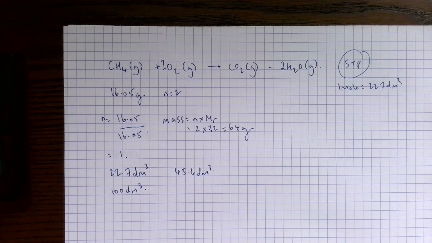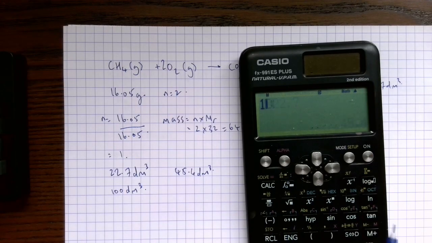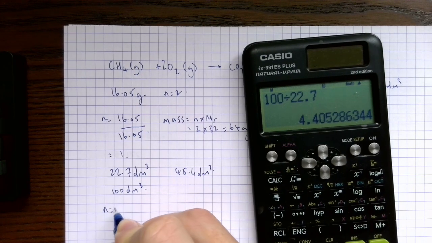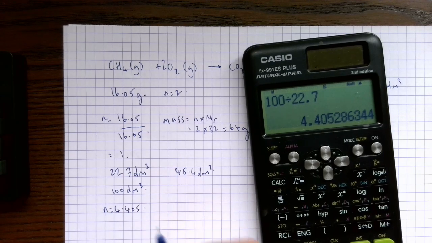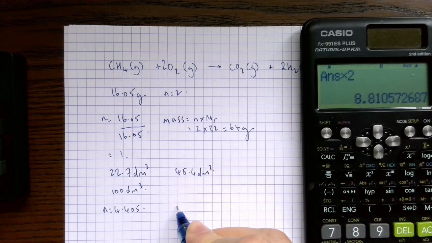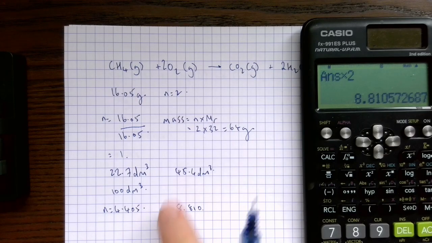Okay, we can do that. So I know that 100 divided by 22.7 is going to give me my number of moles. So that's 4.405. So n here is 4.405. And if that's that number of moles, and this is twice as many, then I'm going to have 8.810. n equals 8.810. And I can convert that back into a volume.